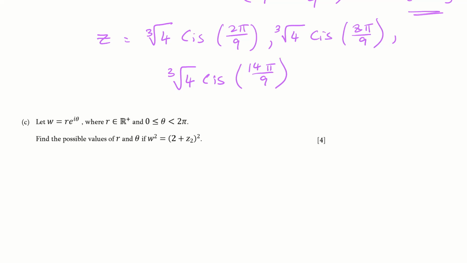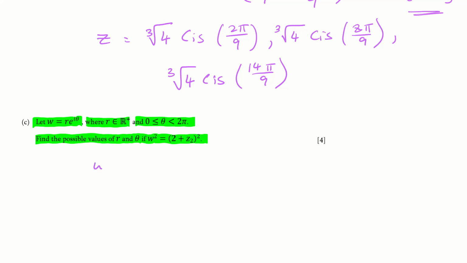So moving on, let W be equal to R e to the i theta, where R is a positive real number and theta is between 0 and 2 pi. Find the possible values of R and theta if W squared is equal to 2 plus Z2 squared.